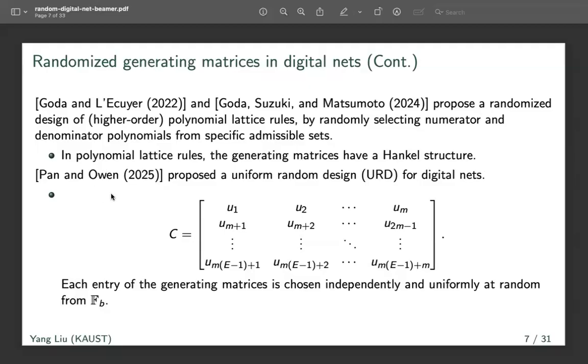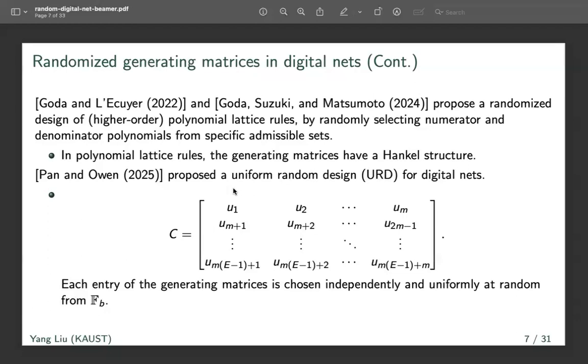The other work, by Pan and Owen, considers generating the generating matrix such that each entry is sampled uniformly from F_b. For example, if we consider base 2, then each of these entries is sampled uniformly from either 0 or 1.